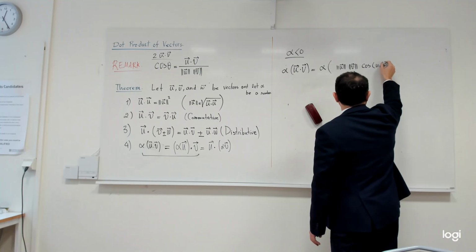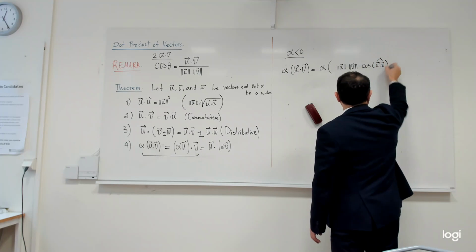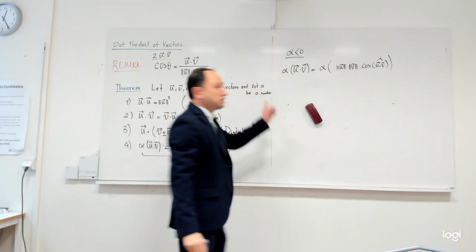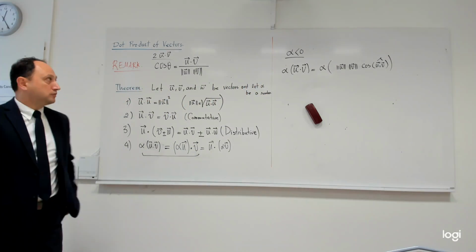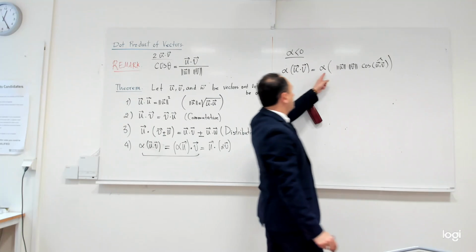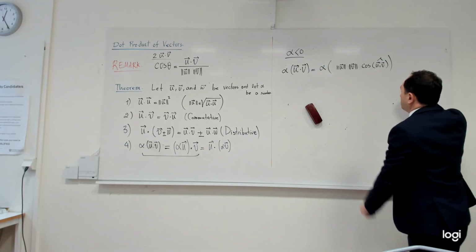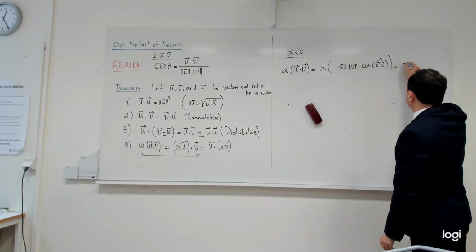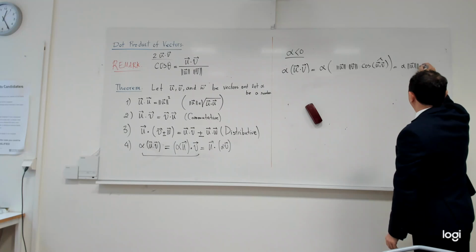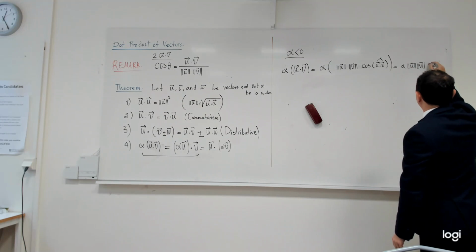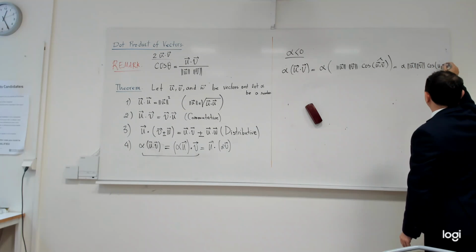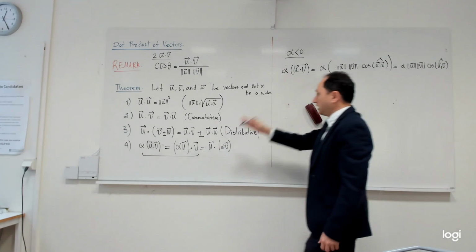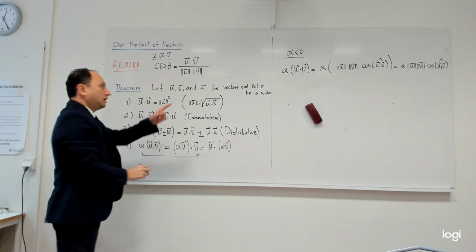Do you remember I use this symbol sometimes? The angle between u and v. Is that understandable? So that is the meaning of that one. But of course, because these are numbers, do I really need this pair of brackets? No, that's a product between numbers. So I can write alpha, norm of u, norm of v, and then cosine of the angle between u and v. So this is the left-hand side. I expanded it, and I got that expression.